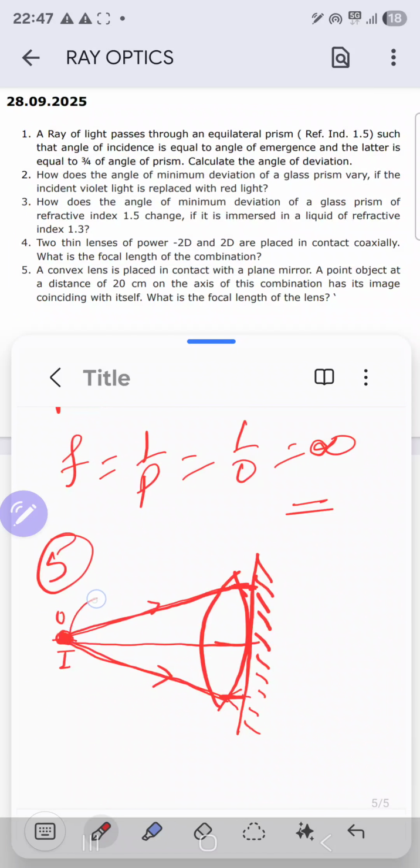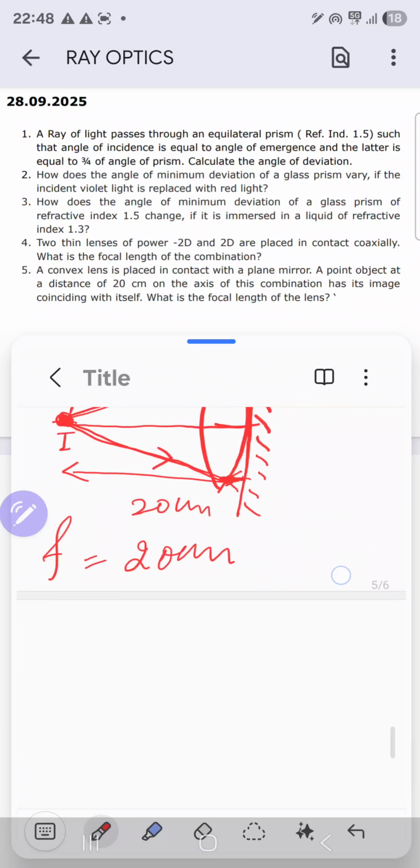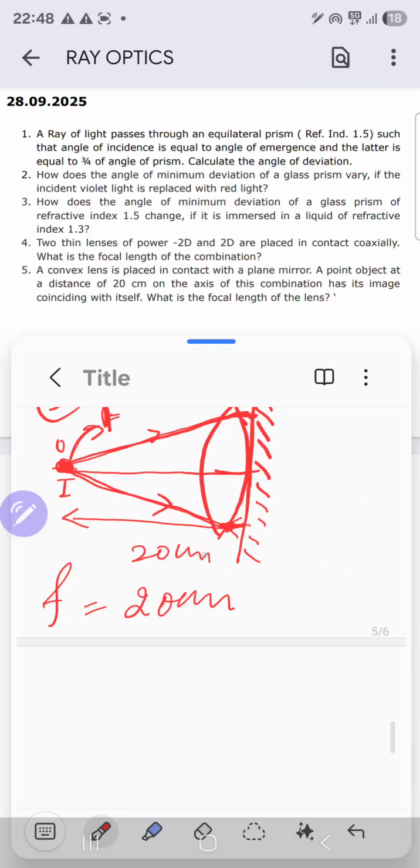So this point is the focus of the lens also, at a distance of 20 centimeter from the combination. So the focal length of this lens is 20 centimeters.